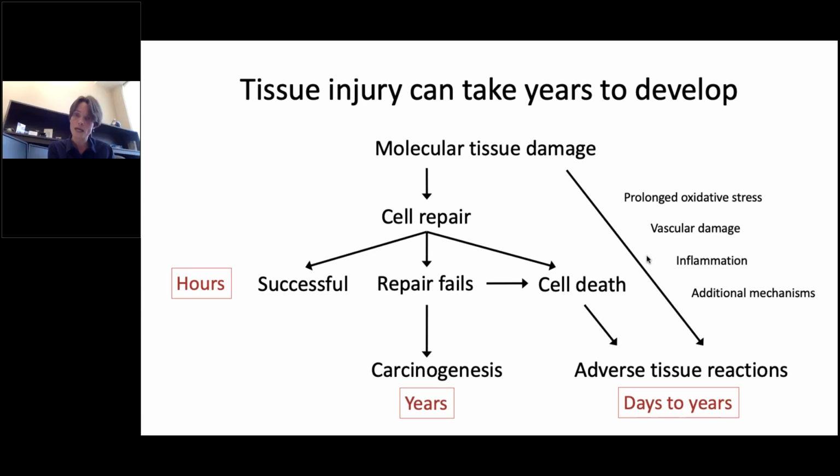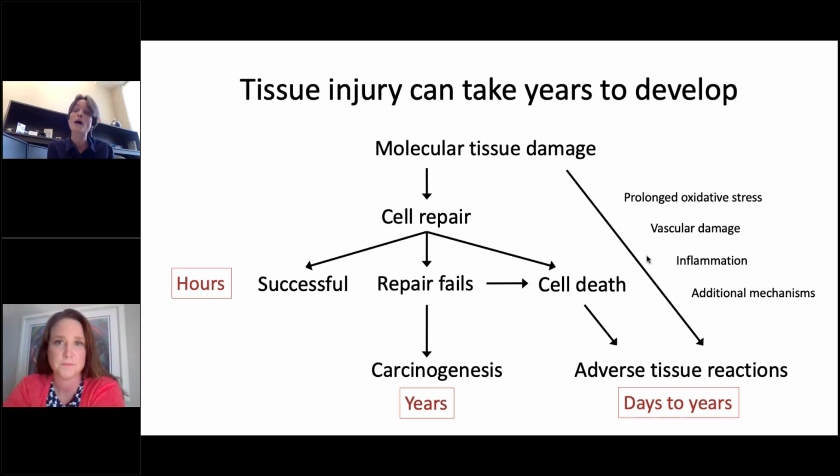Vascular damage can occur and can contribute, and inflammation, for instance. Many of those mechanisms we still do not even fully understand. Another complication is that they may sometimes take years to progress and develop. So it's possible that some of these adverse tissue reactions only show up years after radiation exposure.